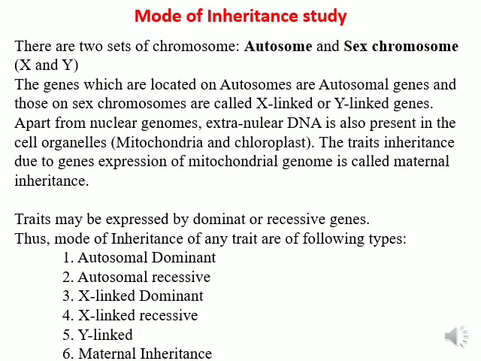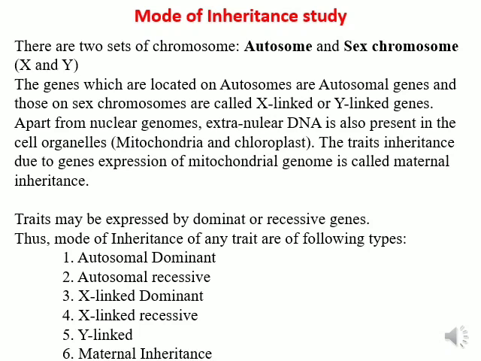There are also genes present on cell organelles like mitochondria and chloroplast. Since we are dealing with genetic disorders in humans, we will deal with the mitochondria. The mitochondrial genome has mutant genes which give certain mutant phenotypes, so genetic disorders due to mutant genes in the mitochondria can also be studied.